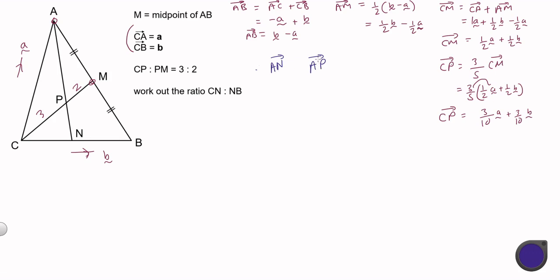So if you multiply AP by a number, let's call it K, that'll give you A to N. K could be a whole number, could be fractional, could be anything. It's just a number. We're going to find out what the value of K is in a moment. Both A to N and A to P lie on the same straight line, as you can see in the diagram.